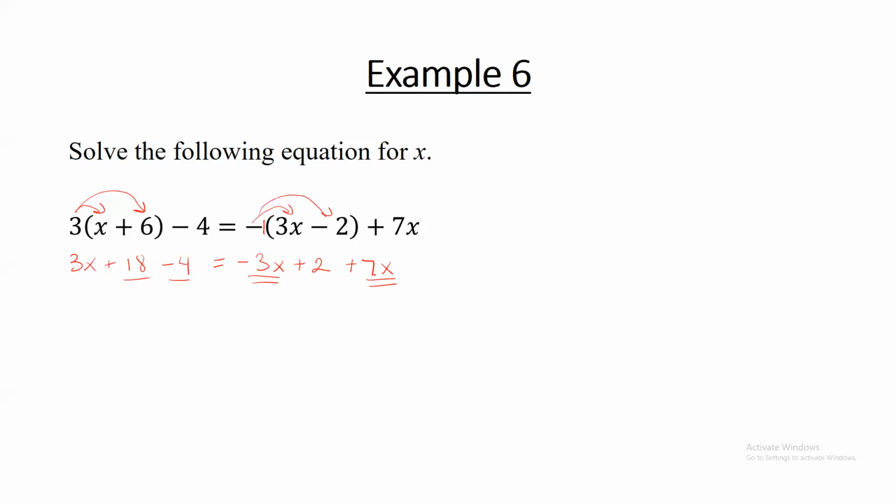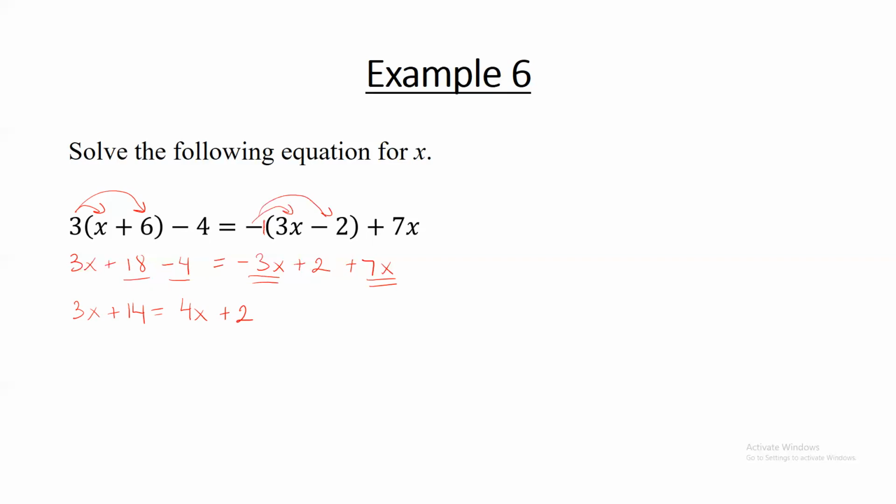These are not part of the same expression. We have two separate expressions on either side of the equal sign. So continuing on the left, we have 3x. 18 minus 4 is 14, so +14 equals -3x plus 7x is 4x, and then +2.